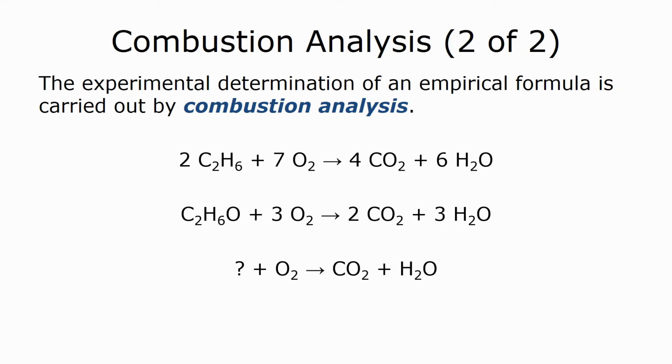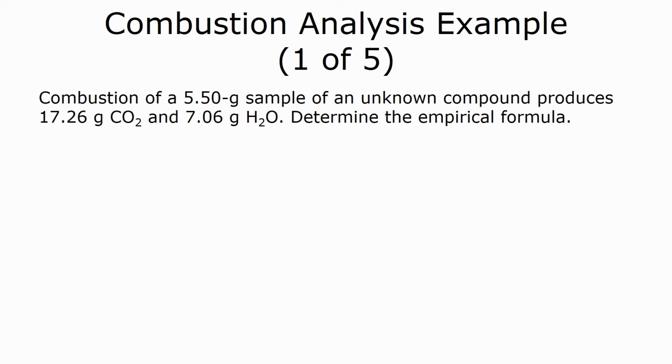All we need to know is the mass of the original sample of the unknown and the mass of the carbon dioxide and water. Now, you notice in this example, we have more mass of carbon dioxide and water produced than original sample that we put in, which means we have added mass to our products. That's because we reacted the sample in the presence of oxygen. That's where the additional mass comes from.